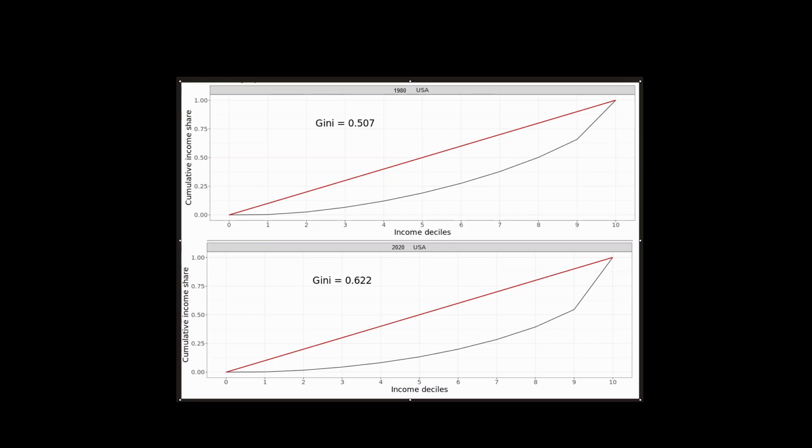What do we take away from this? How can we interpret this diagram? Well, again, let's take a look at the 40th, the 60th, and the 90th percentiles, starting off with the 1980s. In the 1980s, the 40th percentile, so the bottom 4 out of 10 people, earned about 12.5% of the nation's income. Quite similar to our Canadian context.